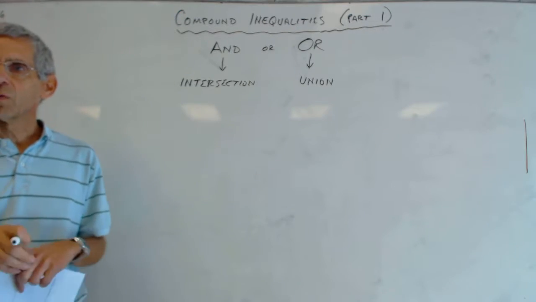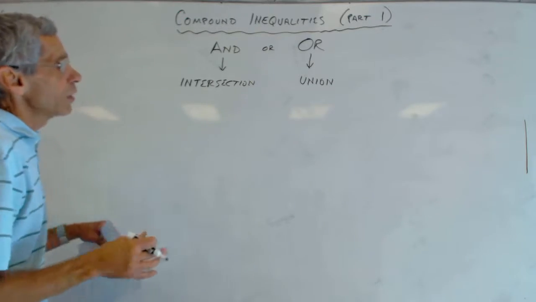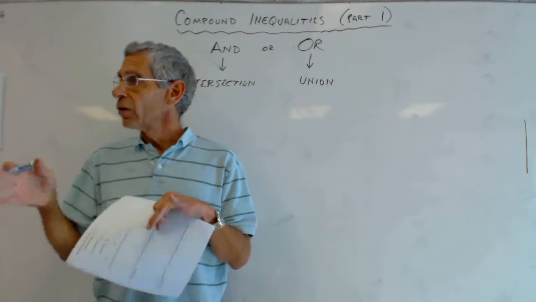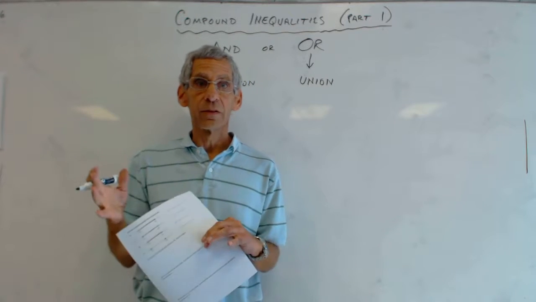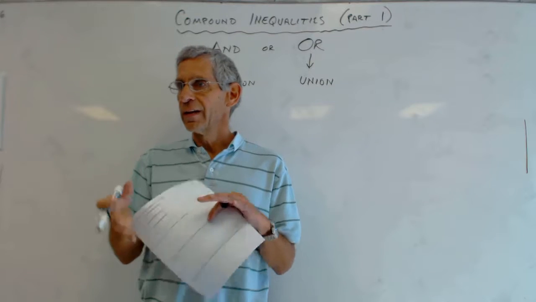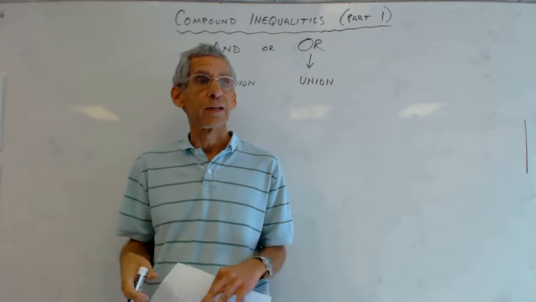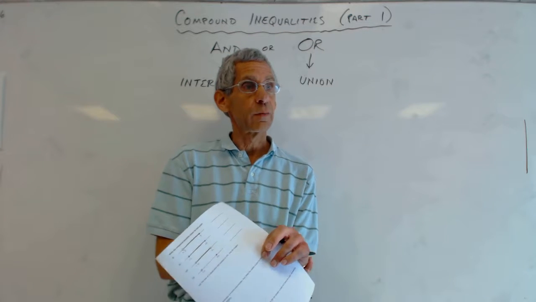I might use a different word to explain it, but I'll try to use those so that you can understand what they mean. What we're going to focus on today is only the ands, because there's a bunch of things you have to understand in how to solve these and how to write the final answer. Writing the final answer is the trickiest part. Solving them is pretty easy.